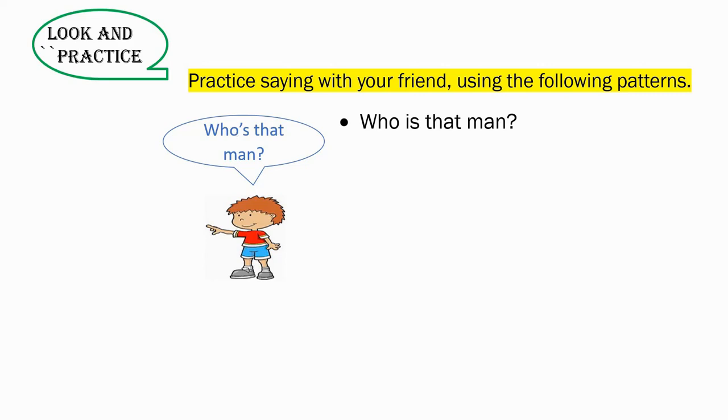And what happened to the letter that we omit or delete? We replace it with an apostrophe to make it one word. That is contraction. We contract the two words who and is to make it one word, so it's easy for you to say. Instead of saying, who is that man?